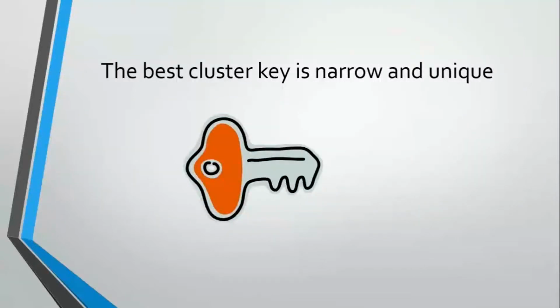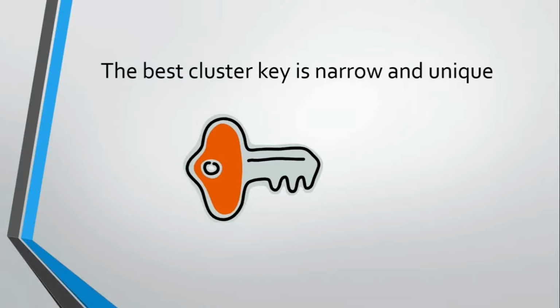The next thing to keep in mind about the cluster key is that it should be narrow and it should be unique, or have a high degree of selectivity. Meaning, if I picked a cluster key on a true-false type column, a bit column, that would be a really bad cluster key because I would have half of the values with a 1 and half of the values with a 0.